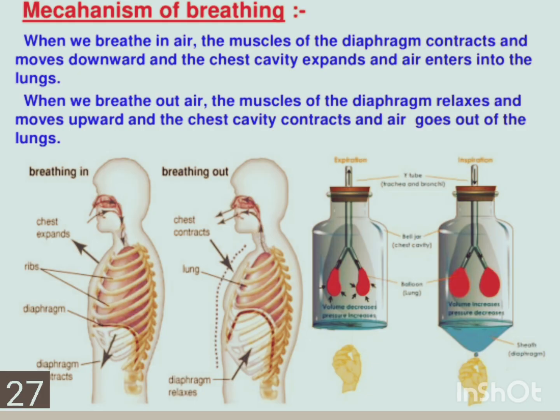You have two different pictures which show breathing in and breathing out. Here in the boxes they have also given one experiment showing how the lungs are open and how the lungs are closed. When we breathe in, the muscles of the diaphragm contract and move downwards, the chest cavity expands and air enters into the lungs. In this way the mechanism of breathing takes place.